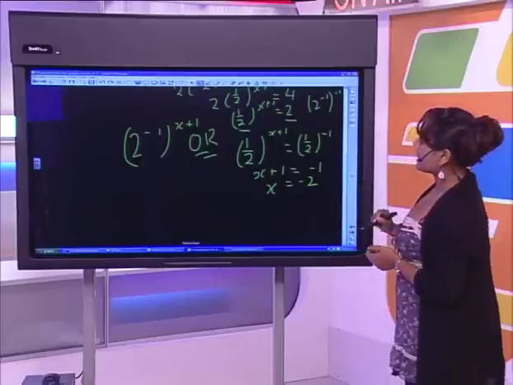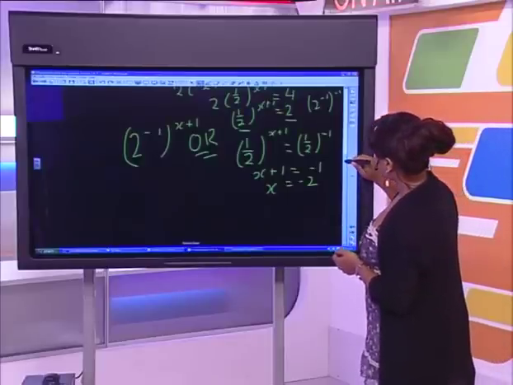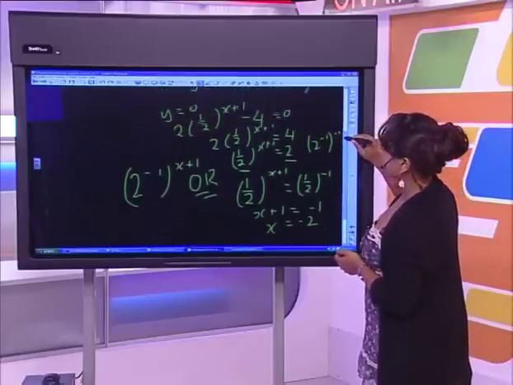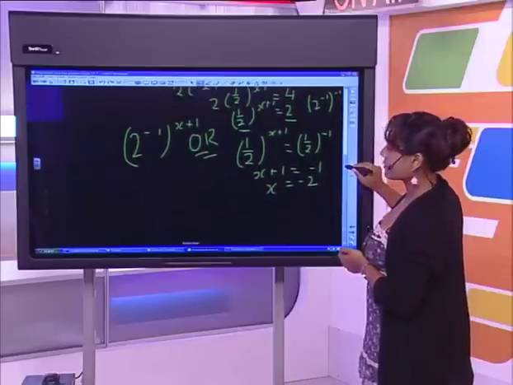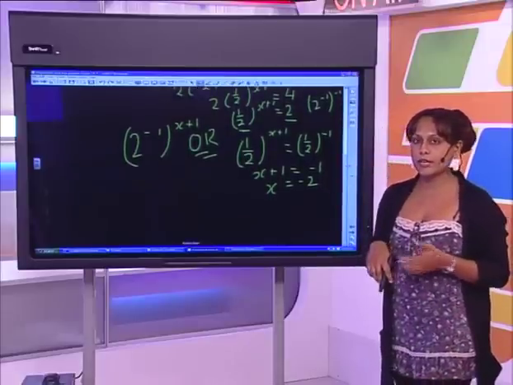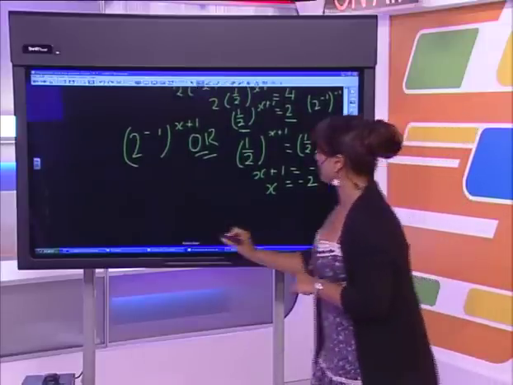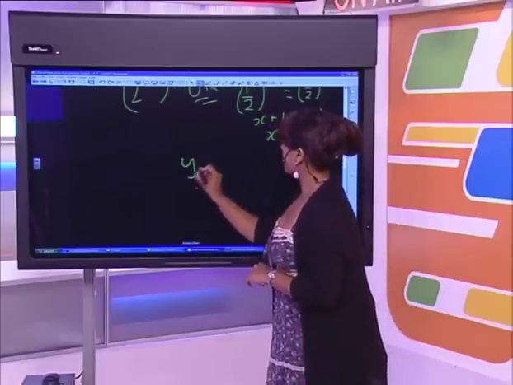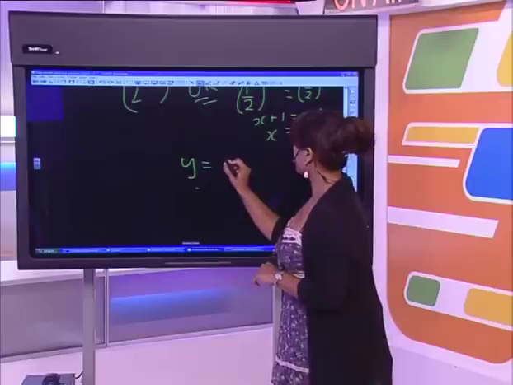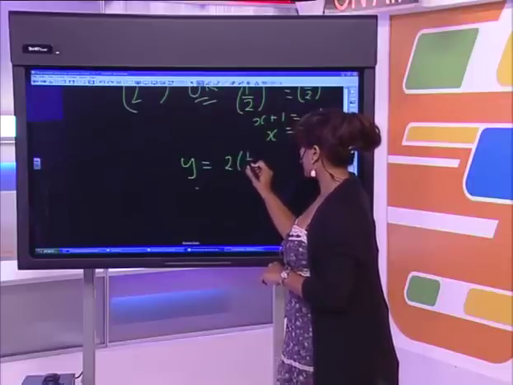So we've got minus 2 as our x-intercept, and now we've got to work out the y-intercept. Remember, to work out your y-intercept, you've just got to say x is 0. So we're going to get y is equal to, I'm just going to write it all out again, a half to the power of x plus 1.